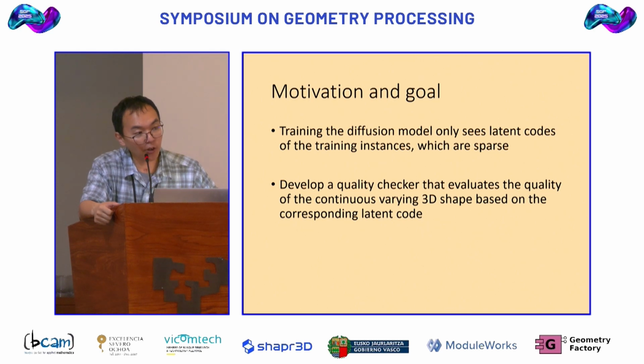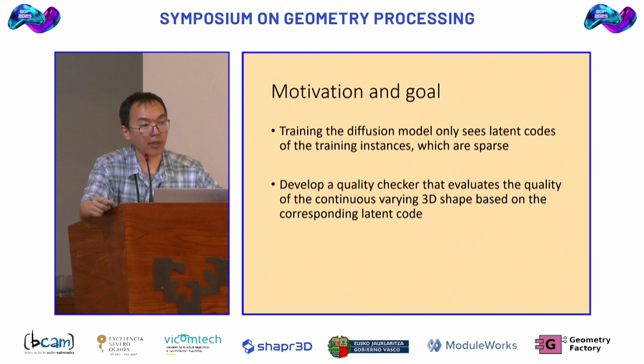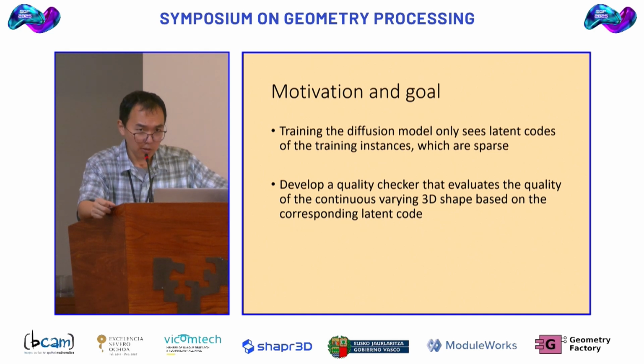But this quality checker is a continuous function. So I do think for 3D generation, if we use the latent diffusion paradigm, we can define this quality checker, then incorporate it into learning the diffusion model. I think this is a very powerful idea, and this is very 3D specific. So that is the third view. I think all of you should understand.